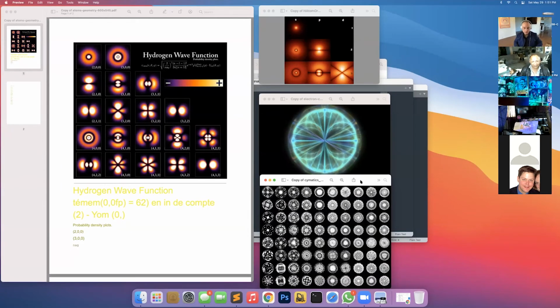When you look at these references, it highly supports Mr. Solomon's area on standing wave energy creating the dimensions of matter. It's uncanny how the hydrogen wave functions are identical to planes of quantum number dimensions, as well as sacred geometry patterns.